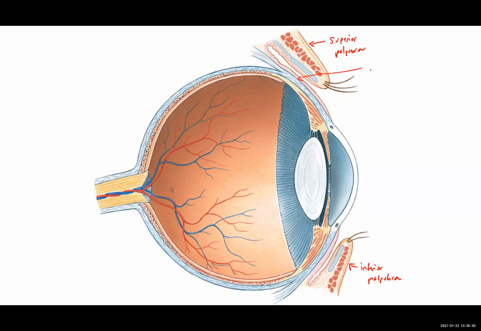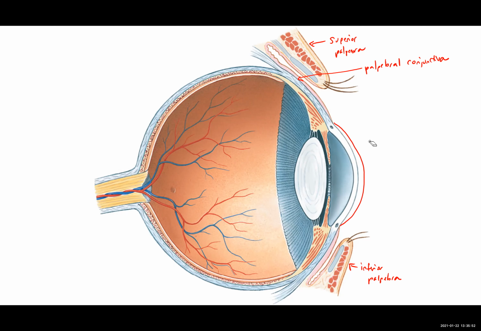All of that pink, we can see it lining the superior and the inferior palpebrae. This is going to be called the palpebral, as in related to the eyelid, conjunctiva.